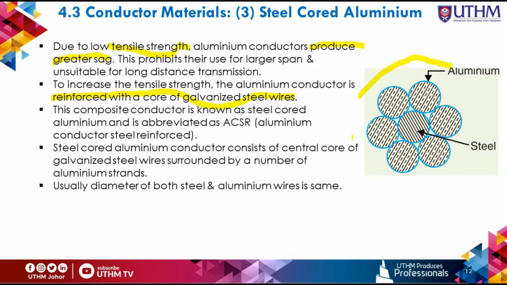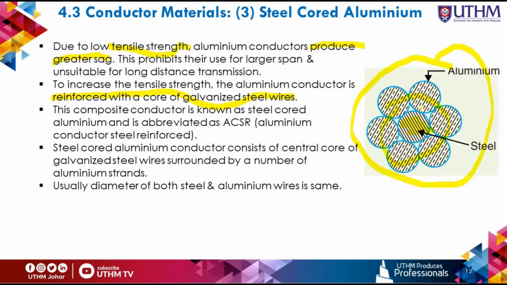As you can see from this diagram, the steel cored aluminium conductor consists of a central core of galvanized steel, surrounded by a number of aluminium strands.